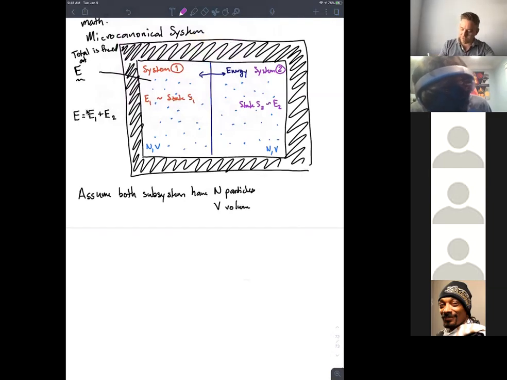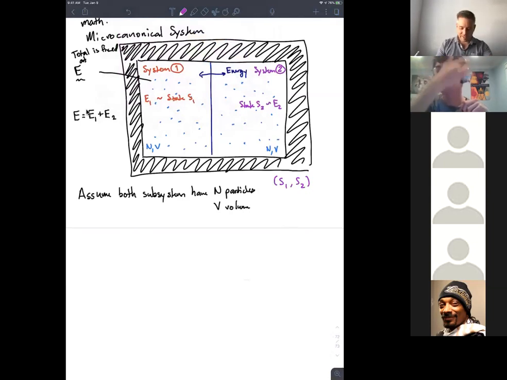So in other words, if I specify the states S1 and S2 of both of the subsystems, I have then specified the state of the entire box. Does that make sense?